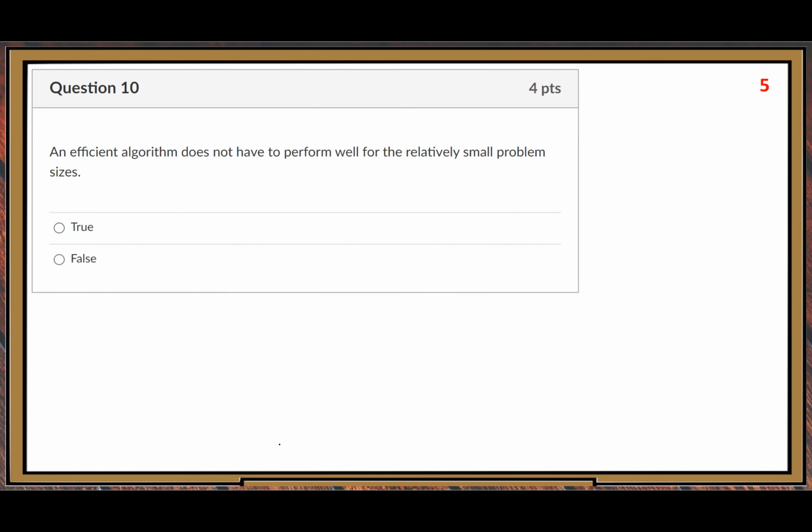An efficient algorithm does not have to perform well for a relatively small problem size. The answer is true. Because when we talk about the efficiency of algorithms, usually we mean the problem size is relatively large.